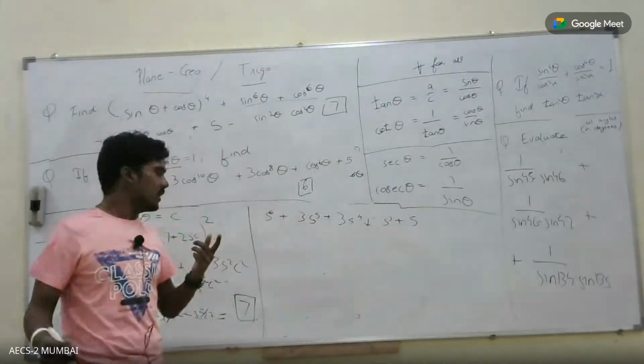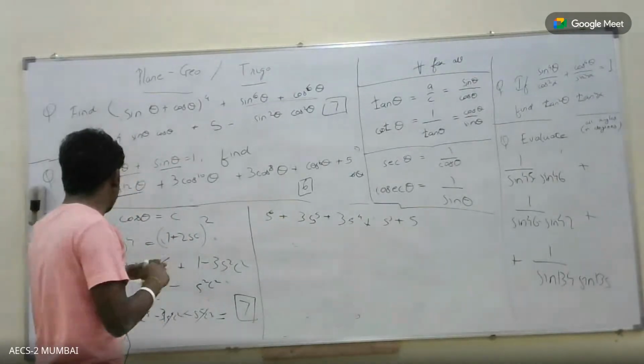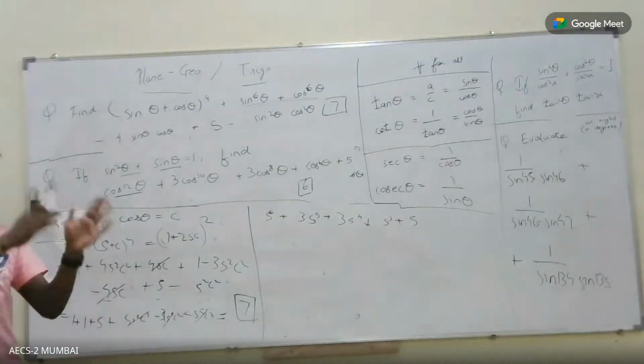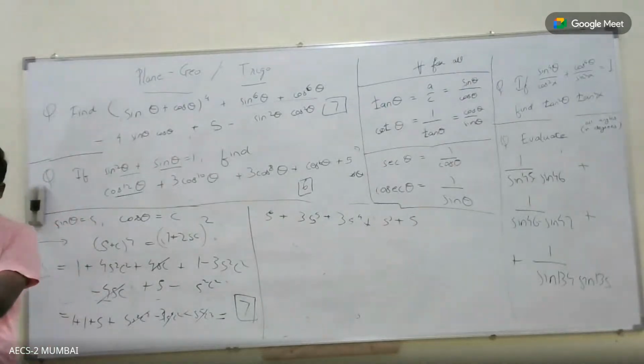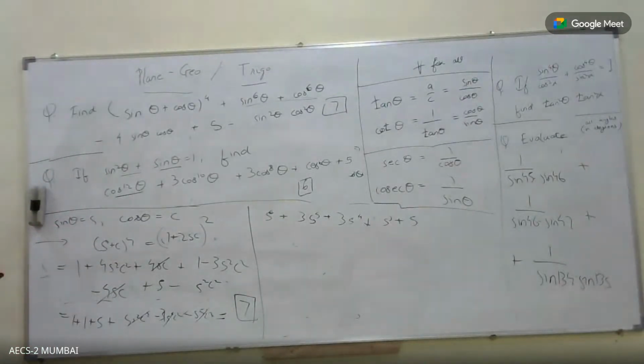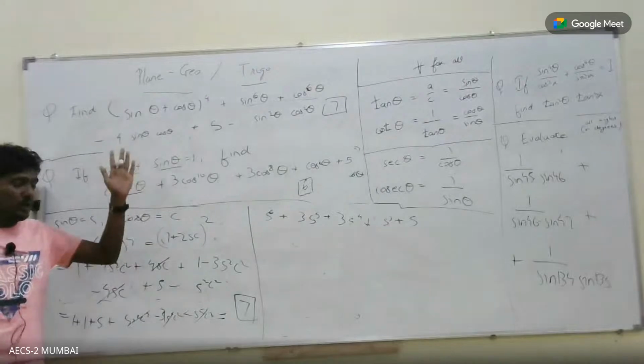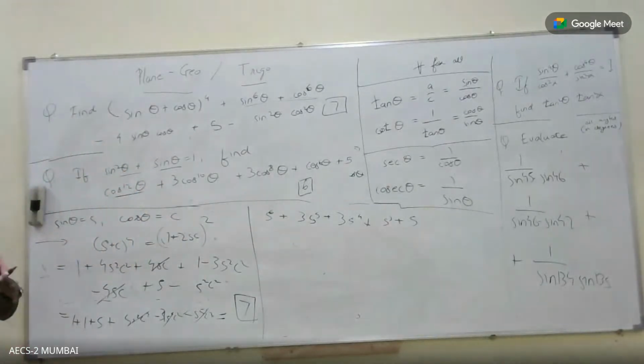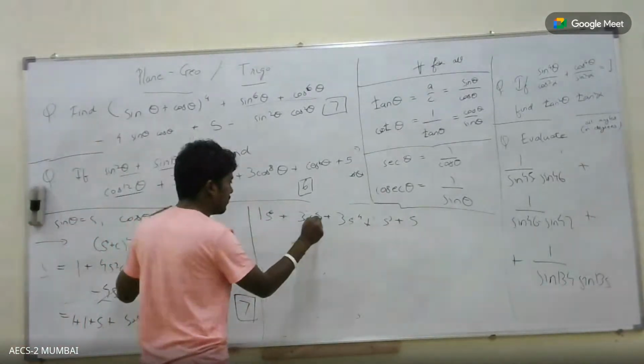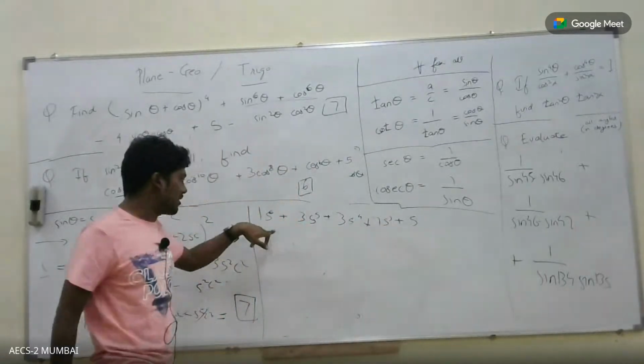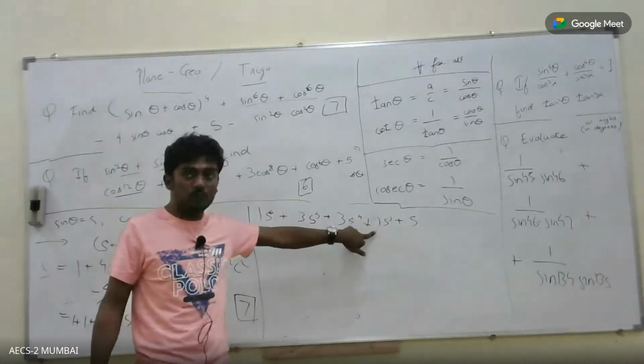Now, we know that the expansion of (a plus b) the whole cube is a³ plus 3a²b plus 3b²a plus b³. Correct? Yes. So in these, you notice the coefficients being 1, 3, 3 and 1. So can you see something similar happening here? Yes. Right? You see 1s⁶ plus 3s⁵ plus 3s⁴ plus 1s³.